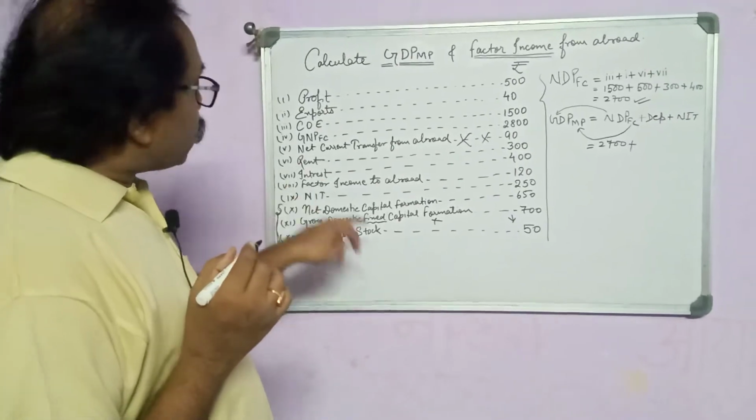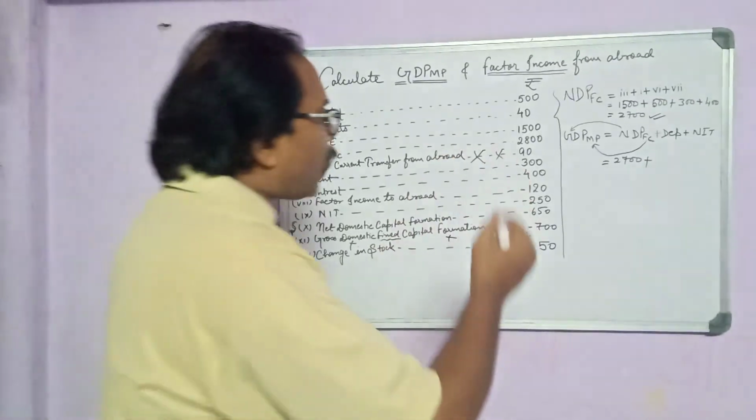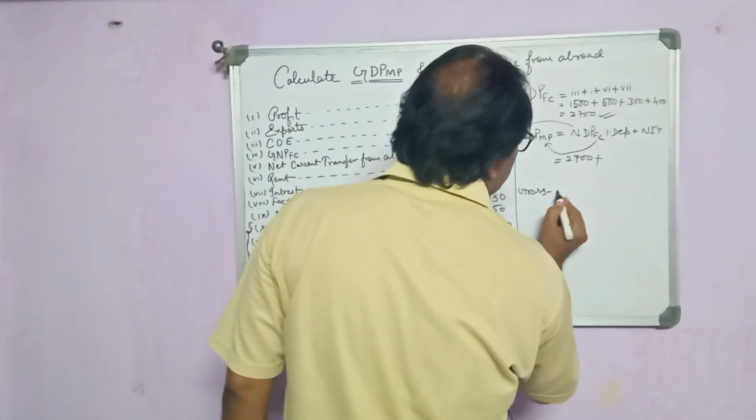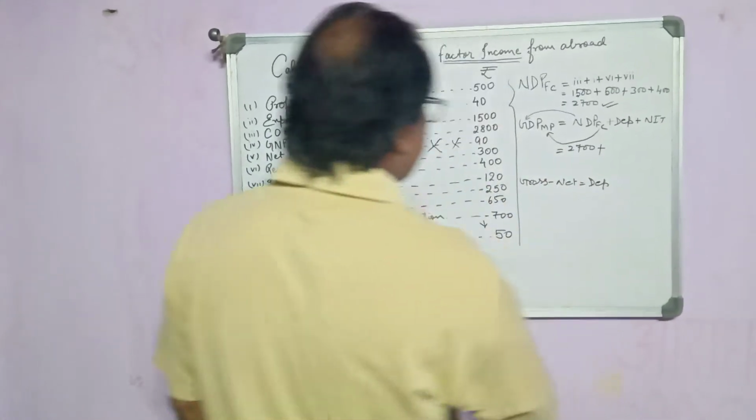And here net domestic capital formation is also given. So gross minus net is equal to depreciation.